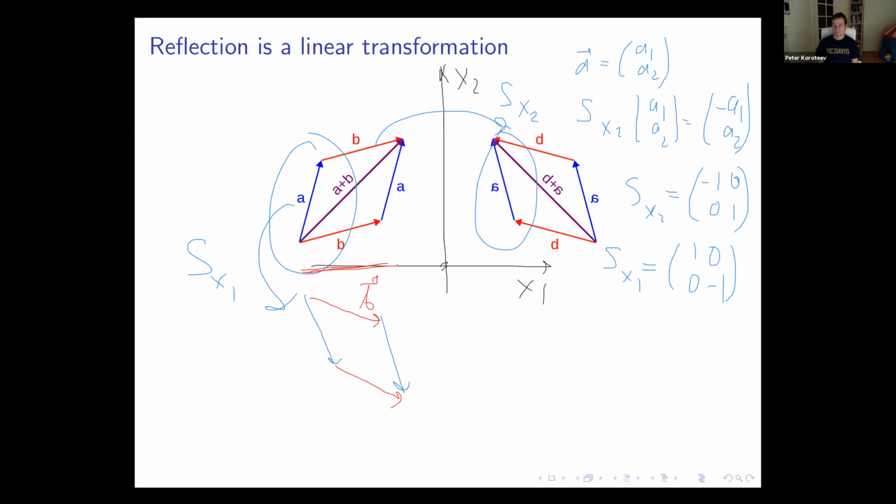Do you agree? Yes, we got it. Good. But since you said it, what will this matrix do? Let's call it Sx1 and x2.